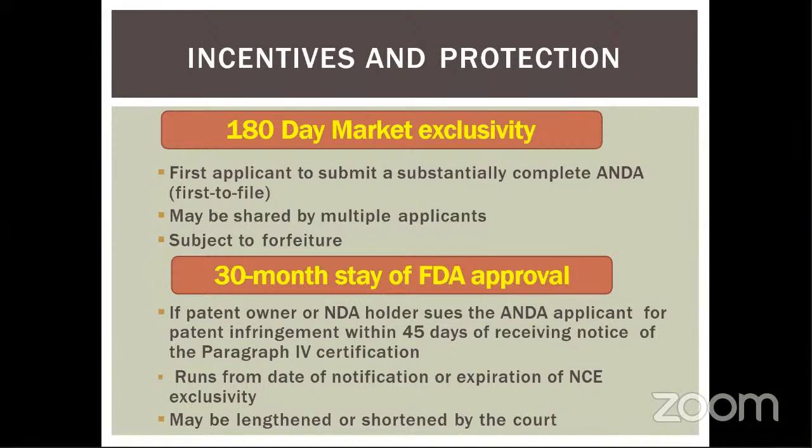The second one is the 30-month stay of FDA approval. If the patent owner or NDA holder sues the ANDA applicant for patent infringement within 45 days, and these days are important, within 45 days of receiving notice of the paragraph 4 certification, then a 30-month stay of FDA approval is required.